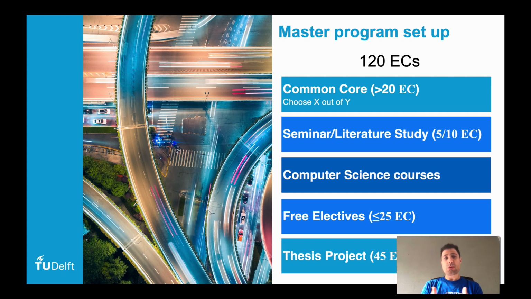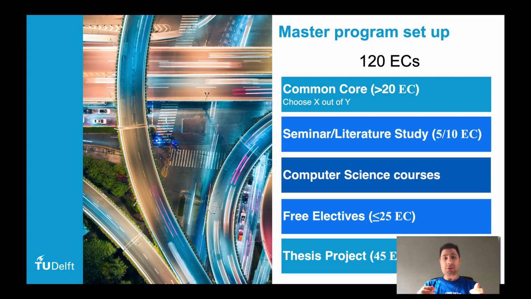Then you also take some computer science courses to complement the list of courses you are taking, and we offer a lot of computer science courses that you can use to then also specialize in something that you like more. Our research groups offer a lot of those courses, and you are going to see in the list that I'm going to show very soon. You can also shop around and see what other faculties are offering and that you can use to expand your horizons.